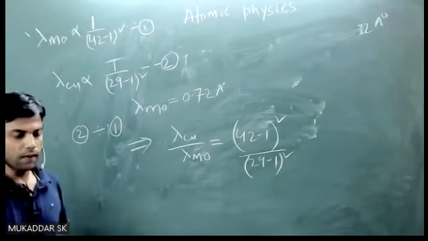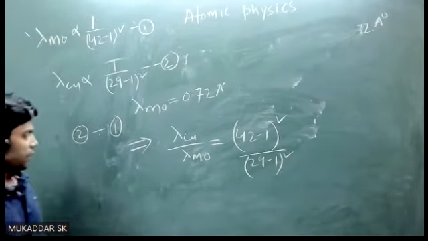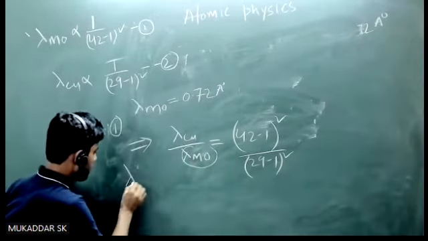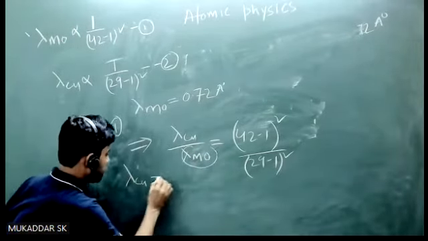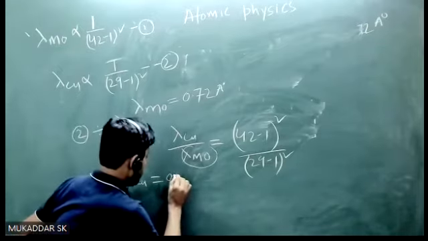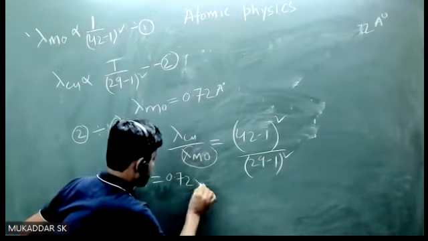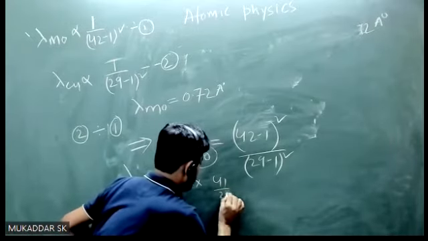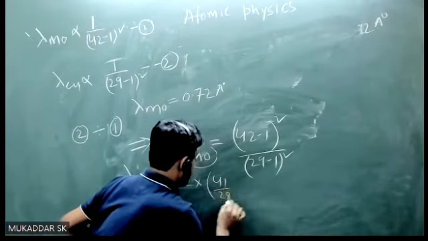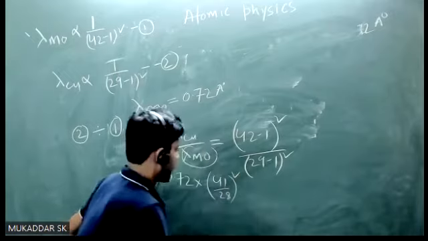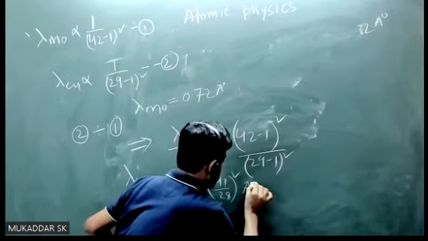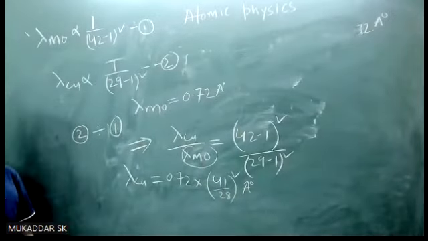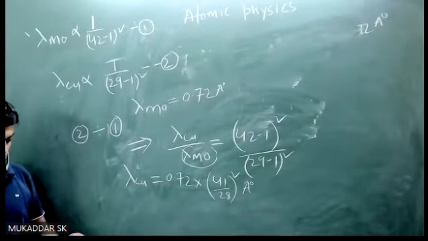And you know lambda of molybdenum, so definitely you will get lambda of copper, and that should be equal to 0.72 times (41 divided by 28) whole square, and obviously the unit will be angstrom. Is it clear to all?